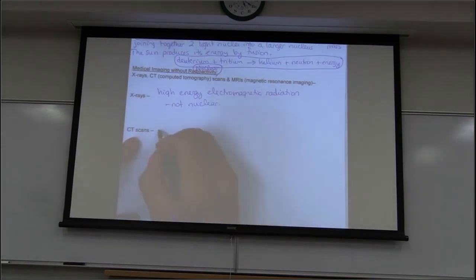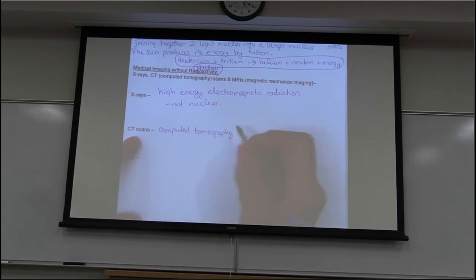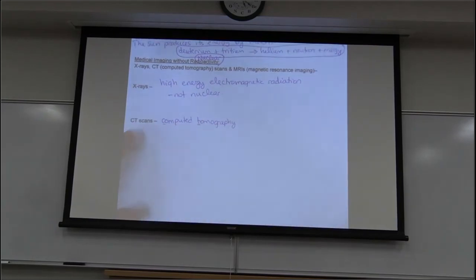CT scans. CT stands for computed tomography. If you think of tomography as topography, you know what a topo map is? That's the computed tomography. It's a computer-generated image that's like a topo map of your body.